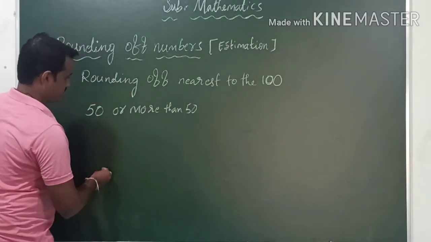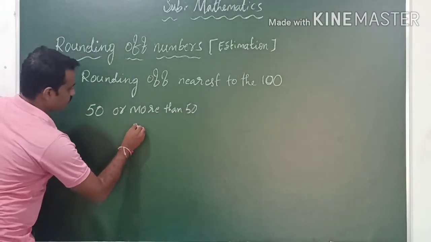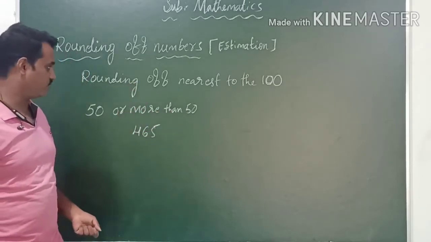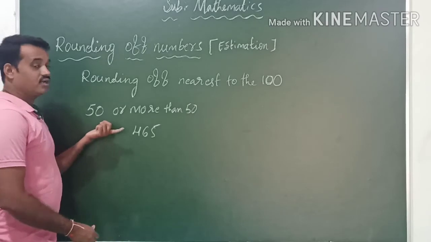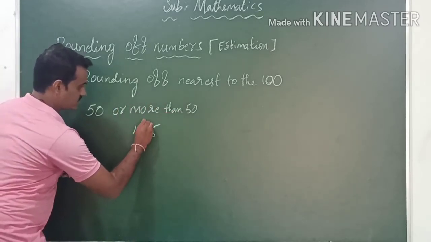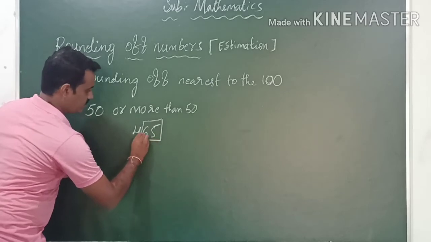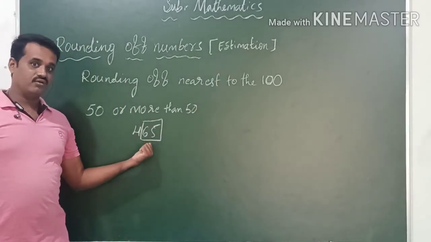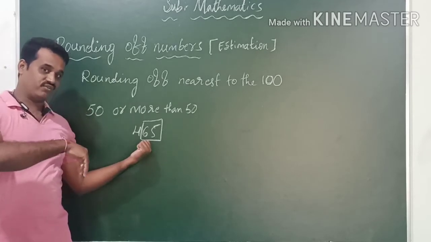How? For example, 465. If it is 50 or more than 50, see here, in this number you have to concentrate only on the tens and ones place. Is it more than 50 or less than 50?